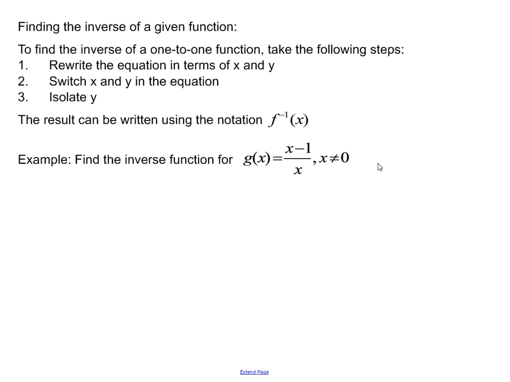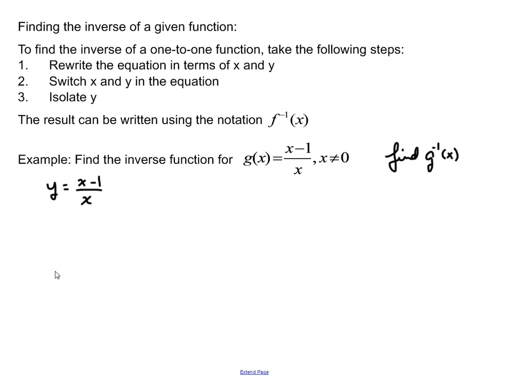It seems we need to find g inverse of x here, right? Only this time we've got a little bit of a different kettle of fish, shall we say. y is equal to x minus 1 over x is our original function.